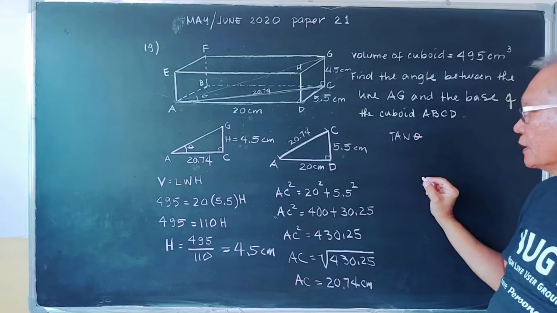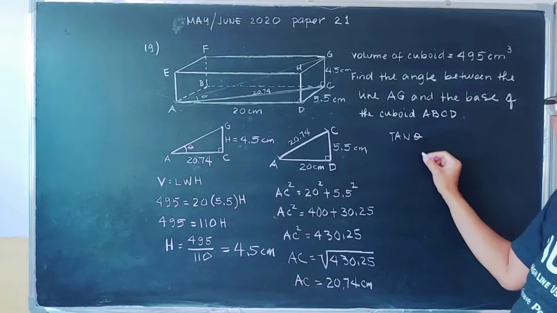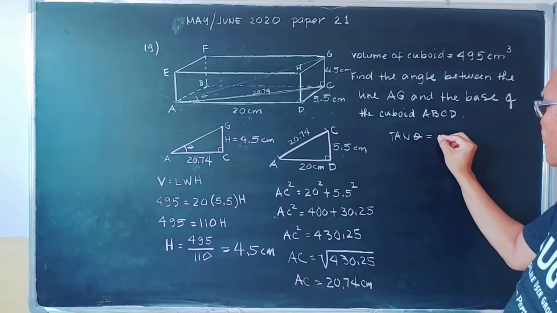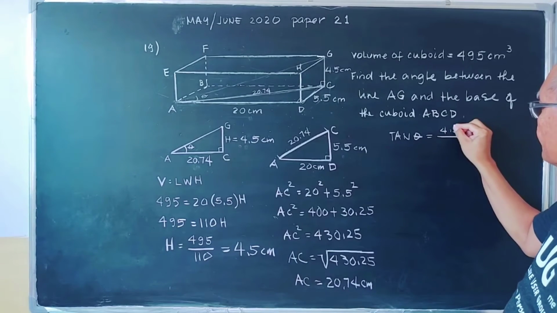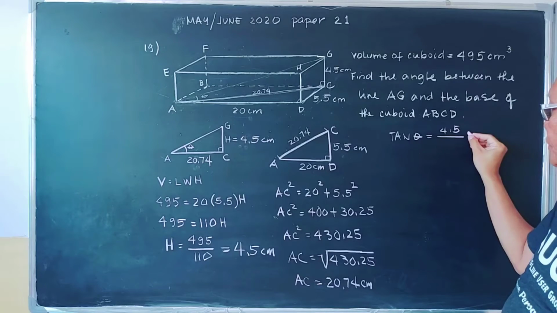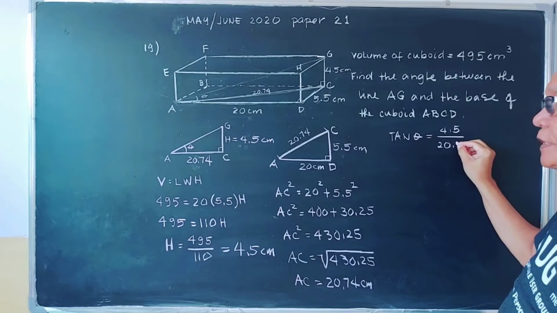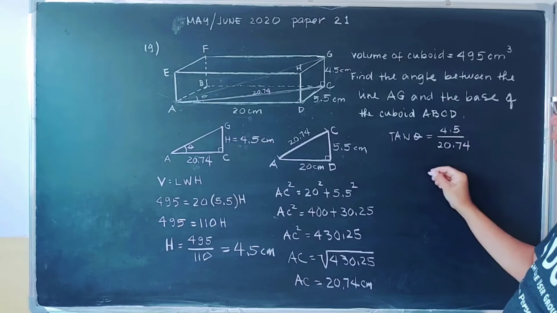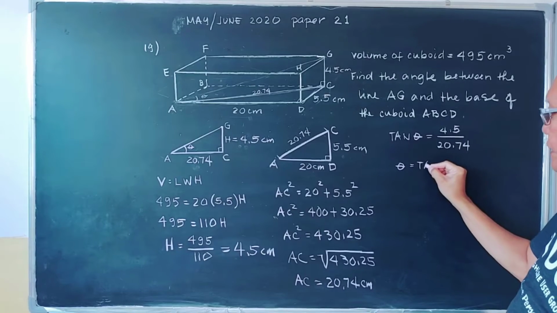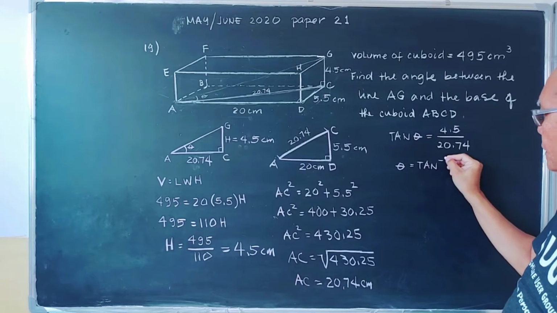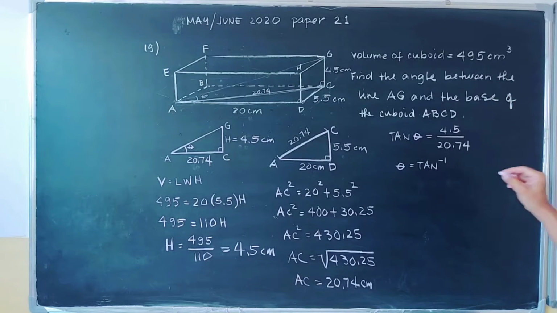Okay, that's the angle of AG. Tangent theta is equal to the opposite, which is 4.5 centimeters, of course, over 20.74, and then theta is equal to arc tangent of this value.